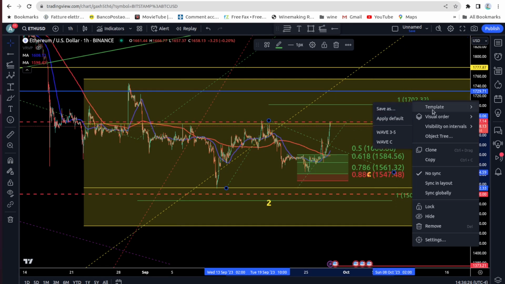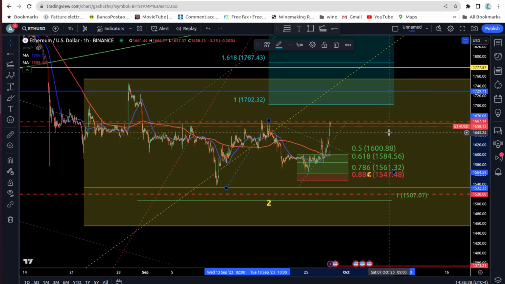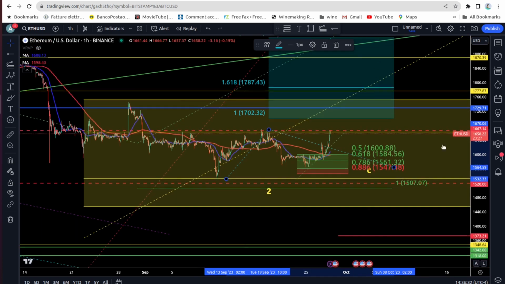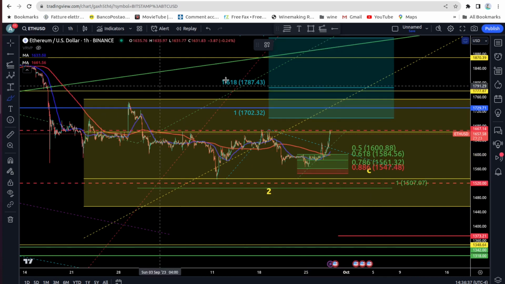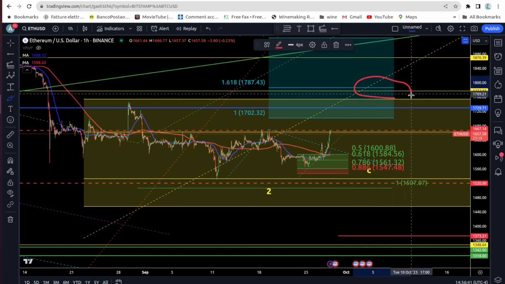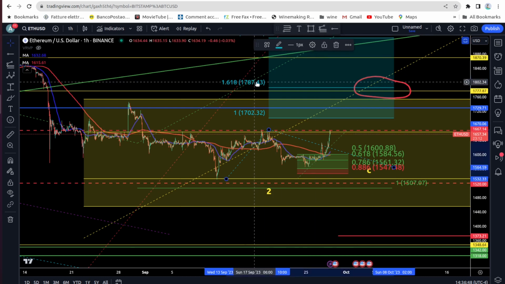So now let's go for wave 3. Once again, we can see that wave 3 should go around 1789. So that would be this area here. So that's great. Now we have our reference.